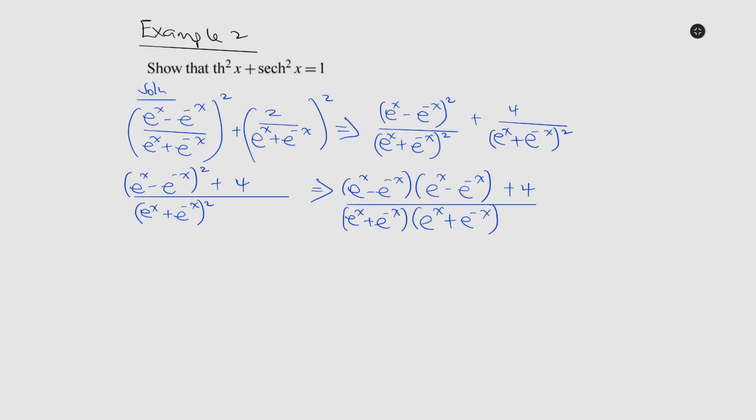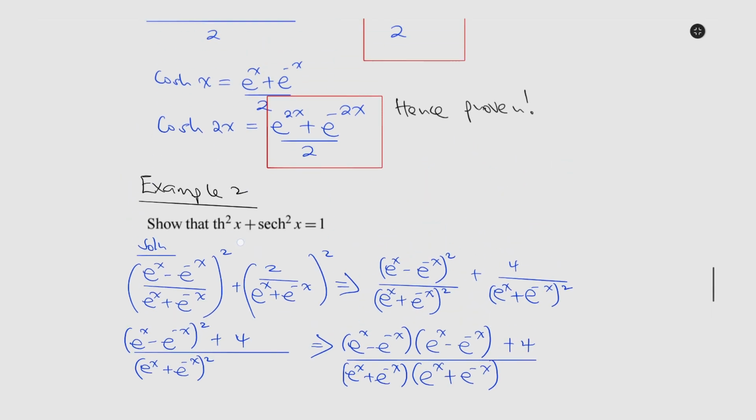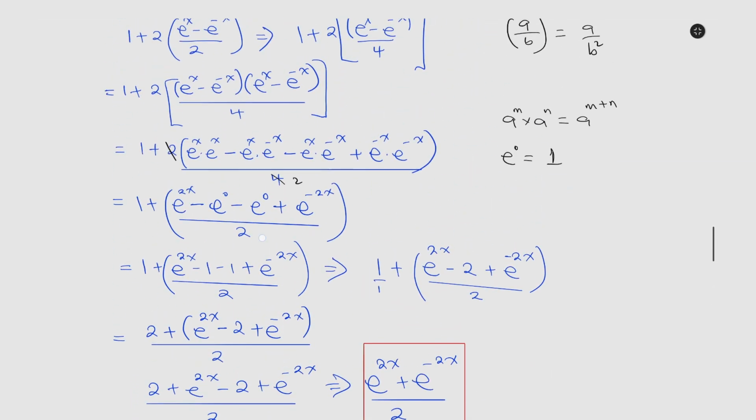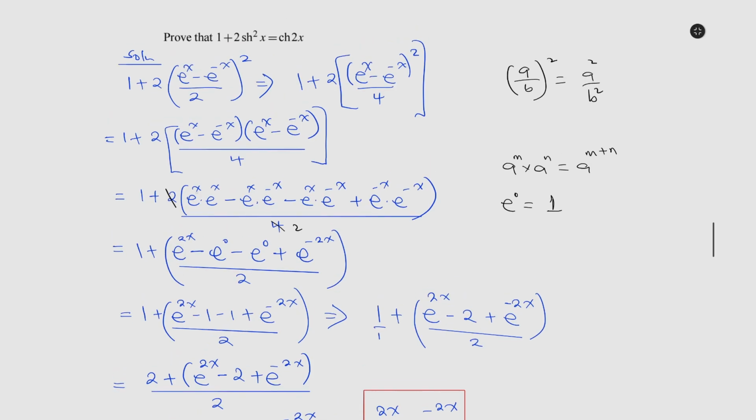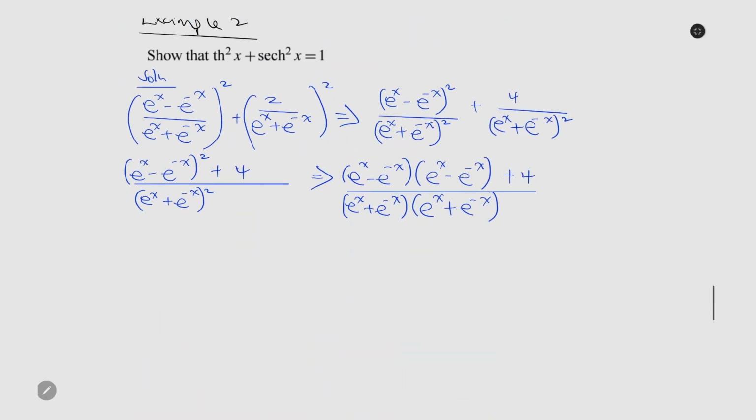Now I opened the brackets the long way when we're dealing with example 1. Let me take you back to example 1 briefly. We already did all these in example 1, so I'm going to skip this step in the subsequent examples. So let's get back to example 2.